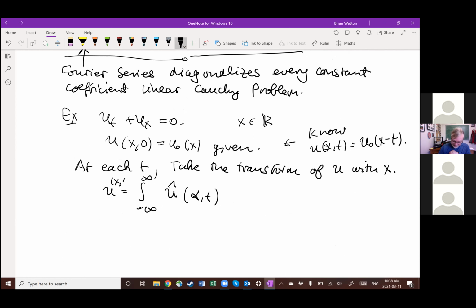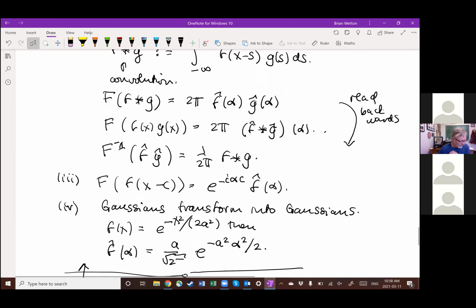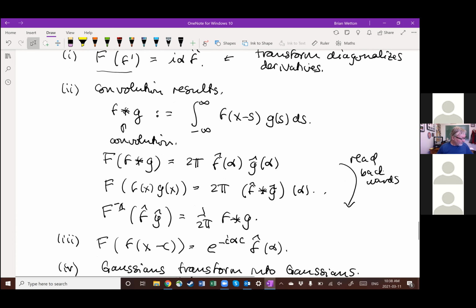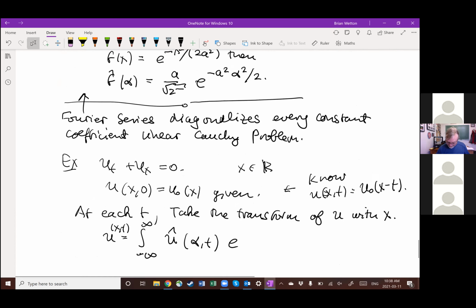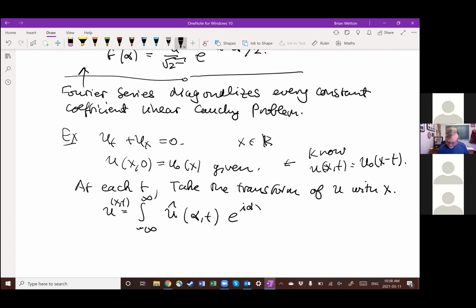This is u of x and t, e to the i alpha x, d alpha. Okay, now I'm going to put that into the PDE.